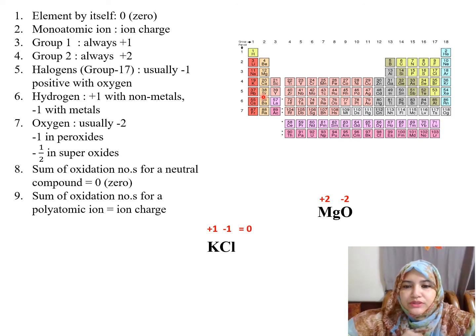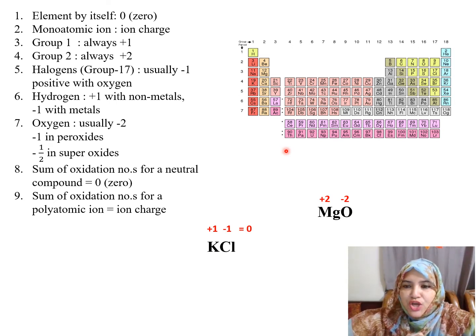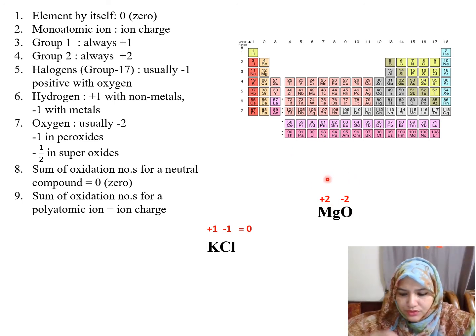For group 2 elements we have a rule, rule number 4. Group 2 elements always have a plus 2 oxidation state or oxidation number. So we put this plus 2 here, above the magnesium atom.